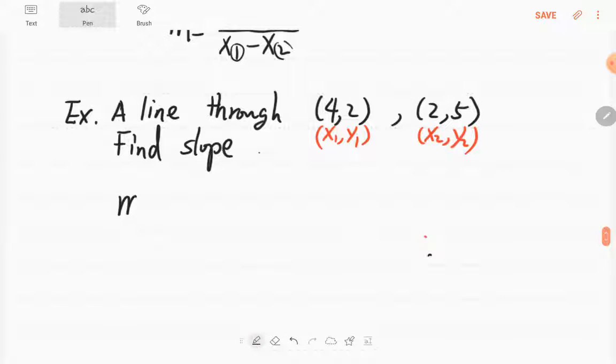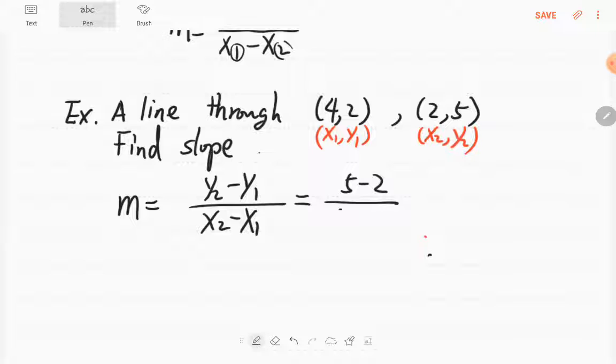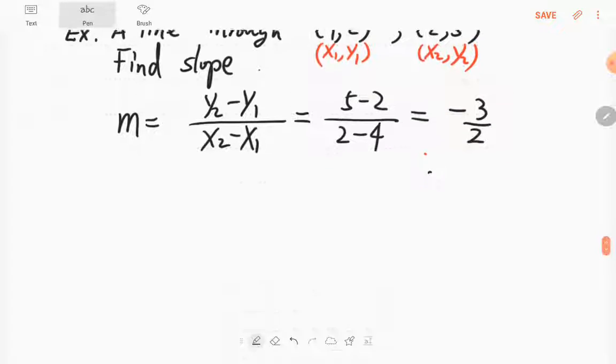Then the slope is y2 minus y1 over x2 minus x1, which is 5 minus 2 over 2 minus 4. So that is negative 3 over 2.